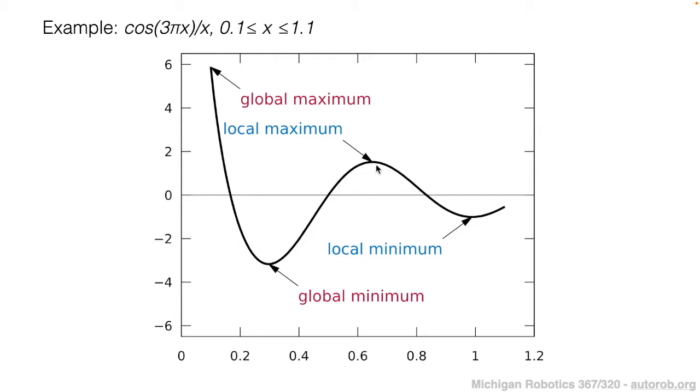For example, here's a local maximum that will have a derivative equal to 0, which you can visually observe by imagining what the slope of the function is at that point. It would be indicating a slope of 0. Similarly, this function has a local minimum at this point, which is different from the global minimum, but would still share that property of having the derivative at that point being equal to 0.